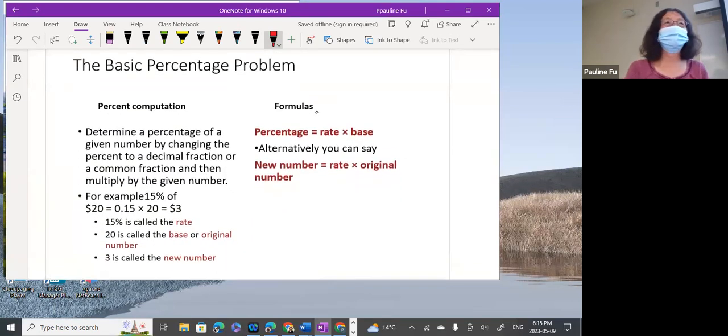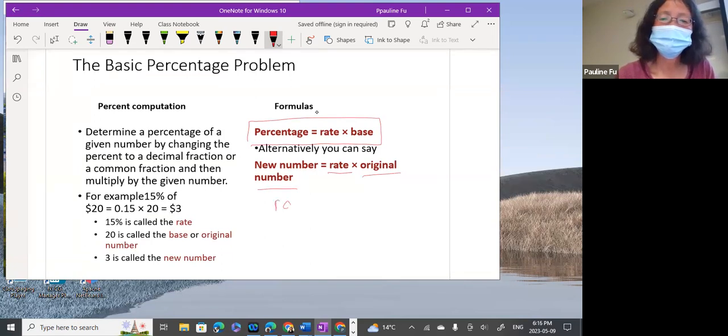So the basic percent problem, remember the formula is percentage equal to rate times base. Alternatively, you can say the new number equals the rate times the original number. For example, you have a part-time job, your boss gives you a 10% raise.